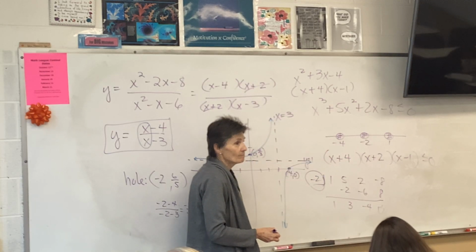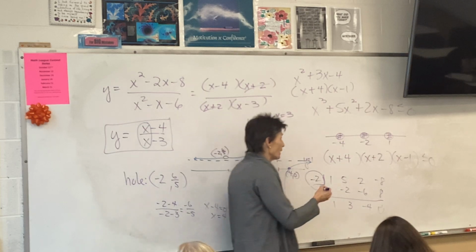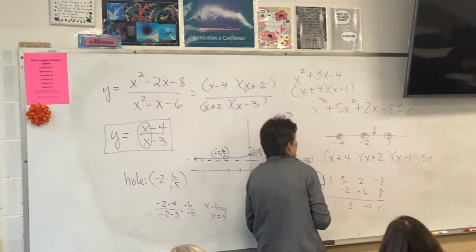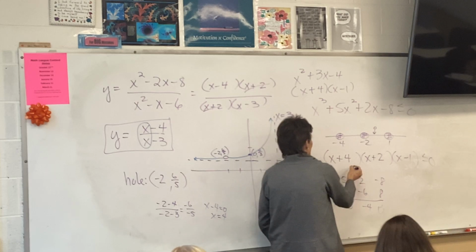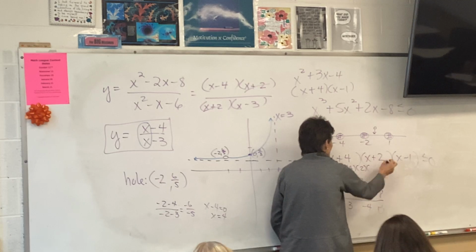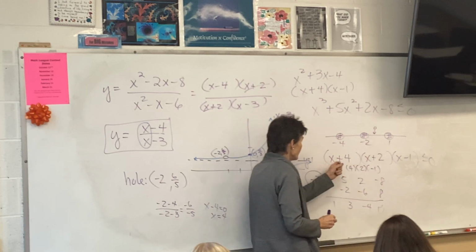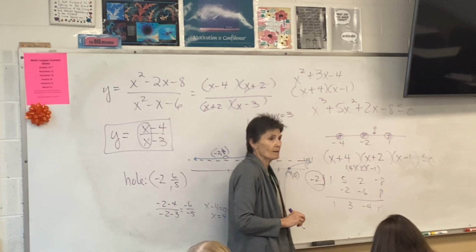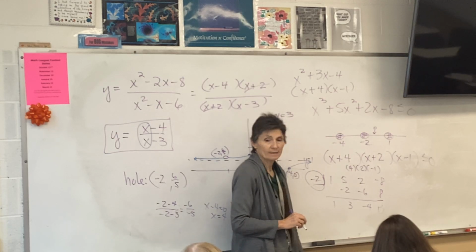You know what? Pick a number. 0. I like 0. 4 times 2 times negative 1. What is 4 times 2 times negative 1? Negative 8.